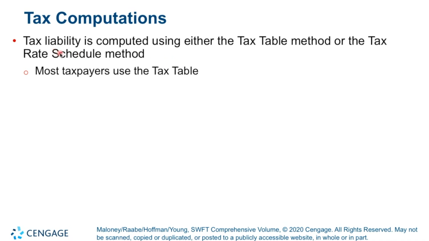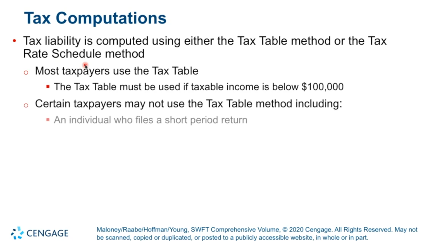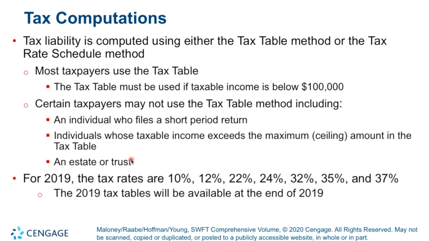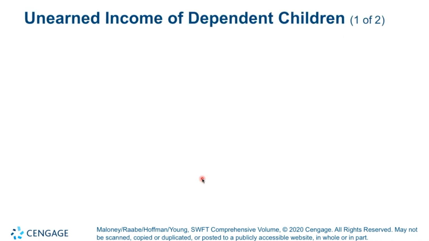The tax rate schedule will actually multiply rates to calculate the amount. Okay, so for 2019, the tax rates are 10%, 12%, 22%, 24%, 32%, 35%, and 37%. And these are 2019 individual income tax rates.